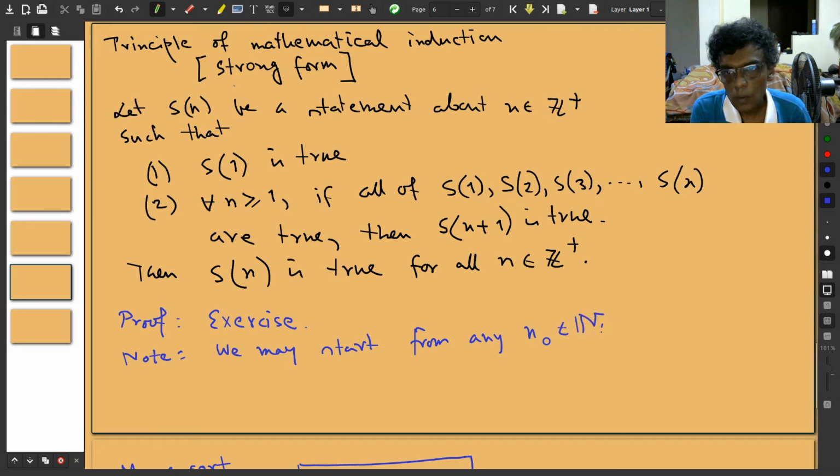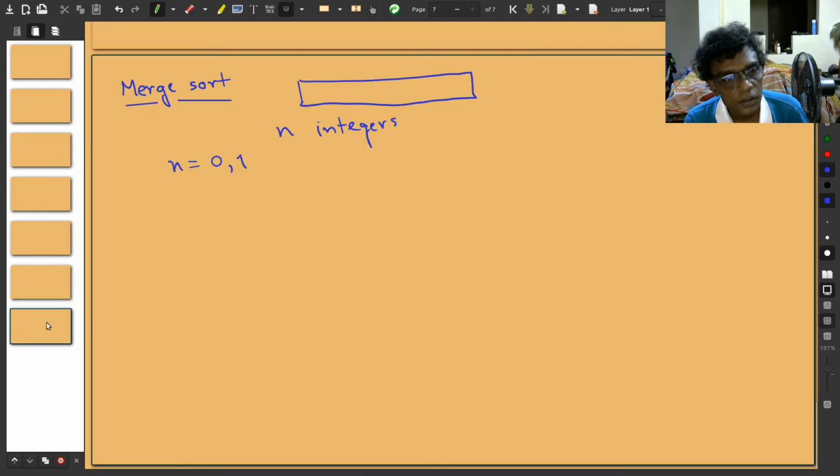So in this case, in the merge sort case, I am starting from n equal to 0 instead of from 1. So if n is 0 or 1, then there is nothing to be done. So you just simply return, because a 0 element array or a 1 element array is already sorted.